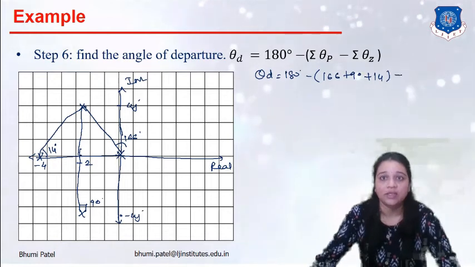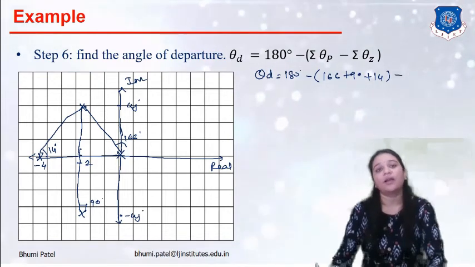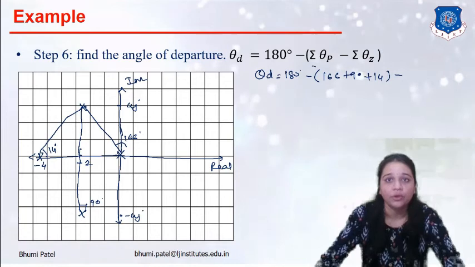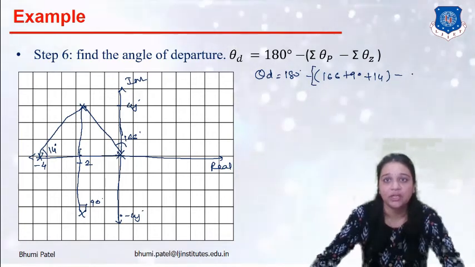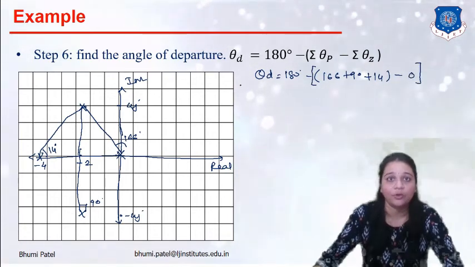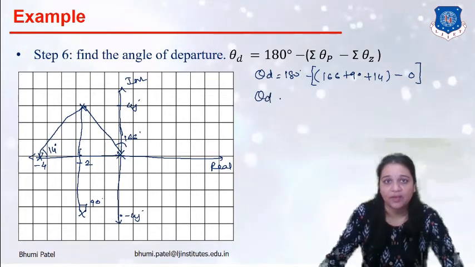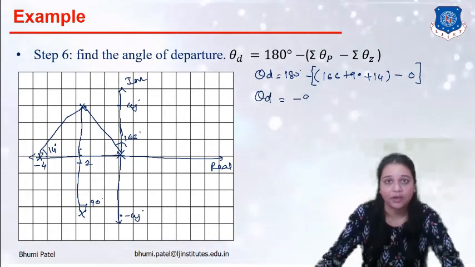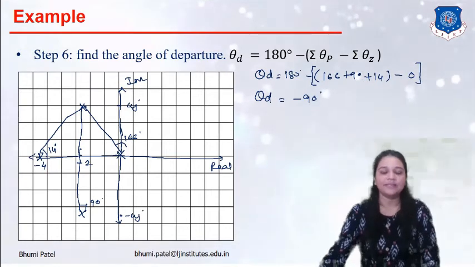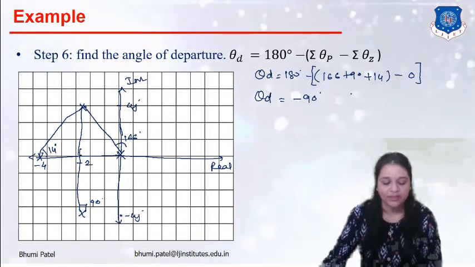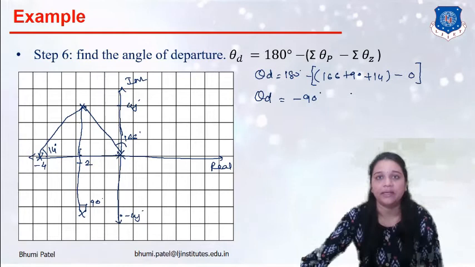Okay, minus summation of zeros. In our transfer function there is no zero, so the summation of the zeros is equal to 0. So put here 0 and simplify this equation. We can get theta d is equal to minus 90. So the angle of departure is equal to minus 90.